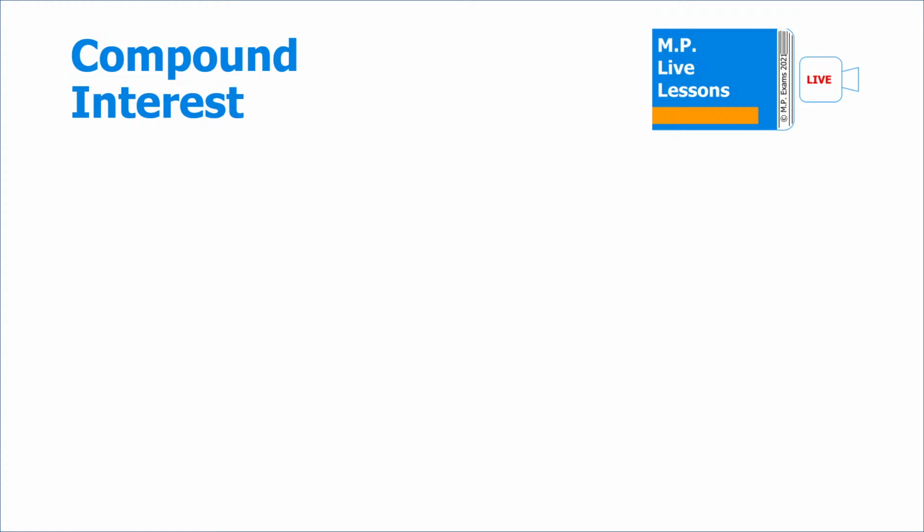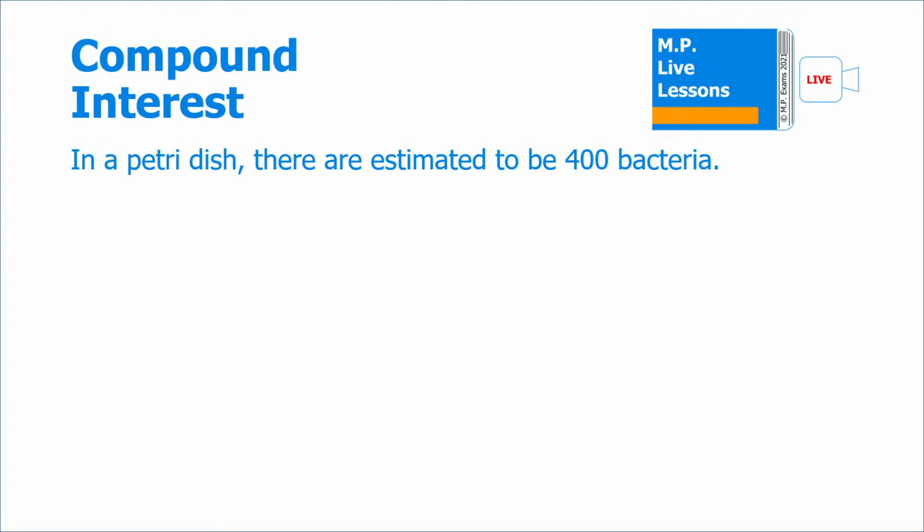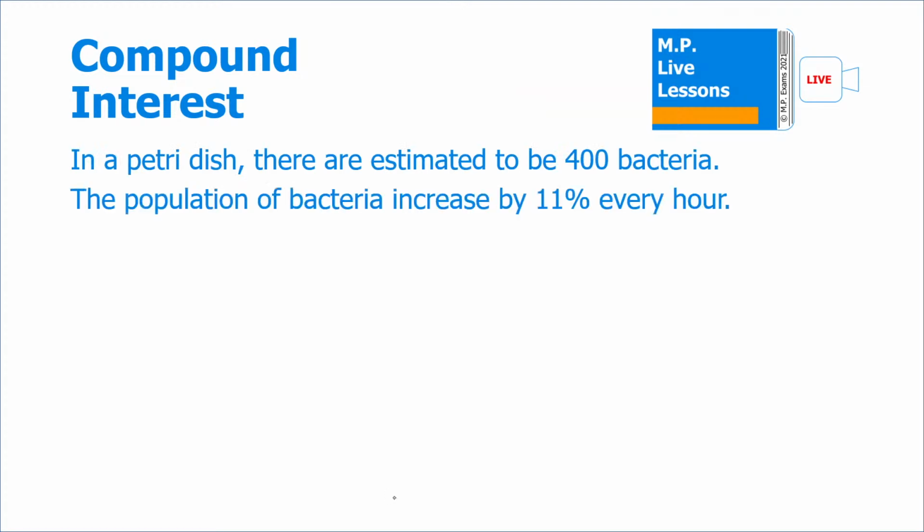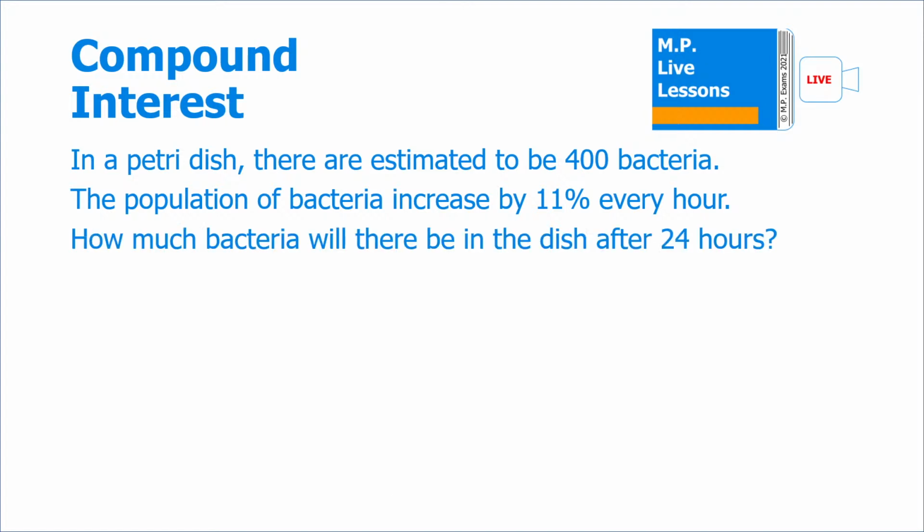So let's say, in a petri dish, there are estimated to be 400 bacteria, and the population of bacteria increases by 11% every hour. How many bacteria will there be in the dish after 24 hours? So we first have our multiplier, which would be 1 plus your percentage divided by 100, so this is overall 1.11. That's your multiplier.